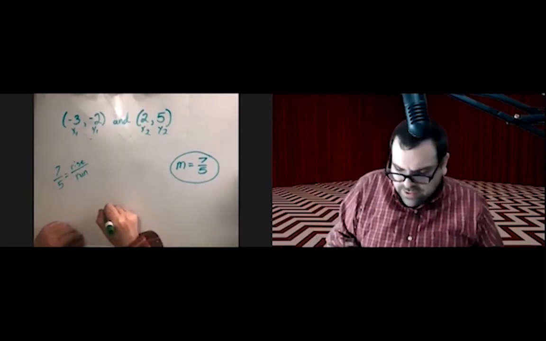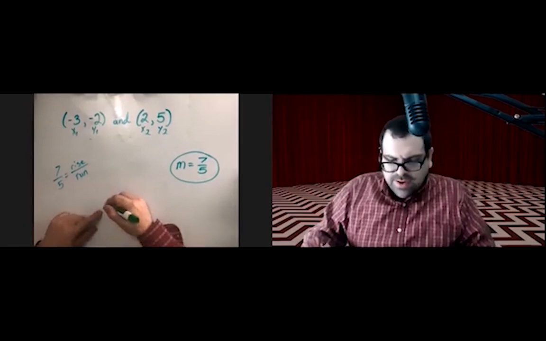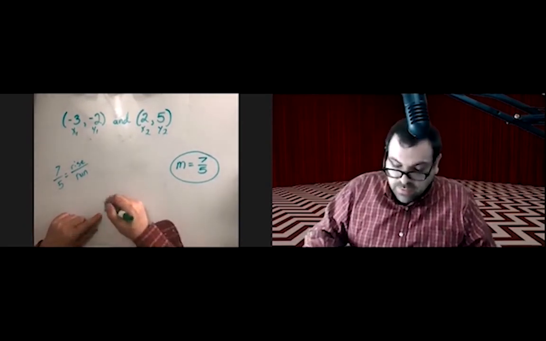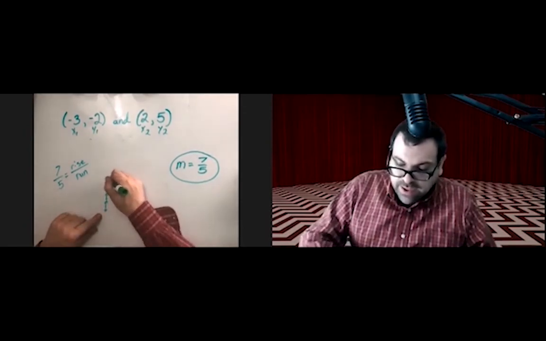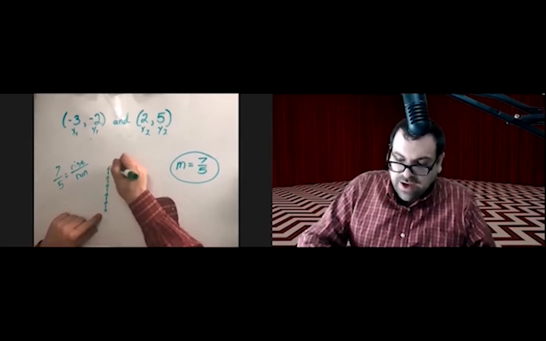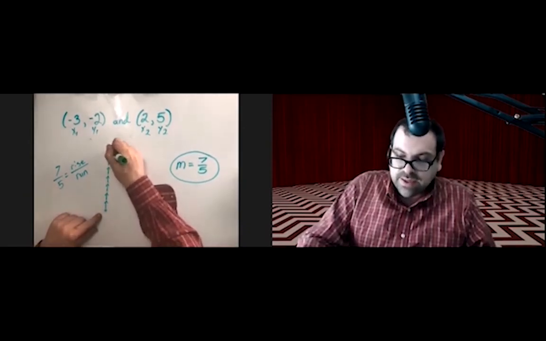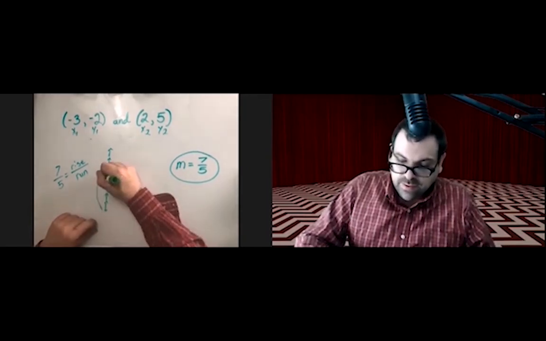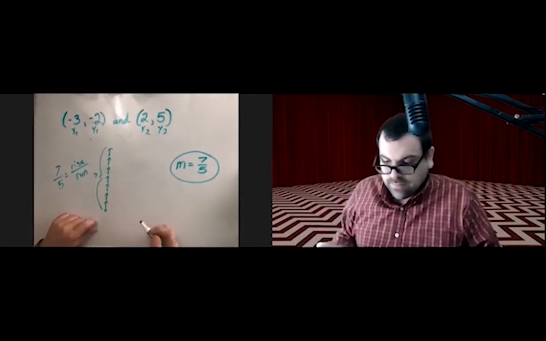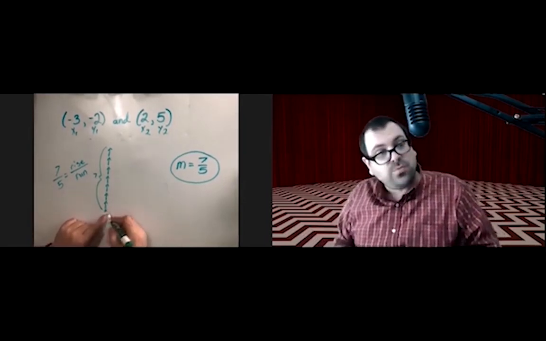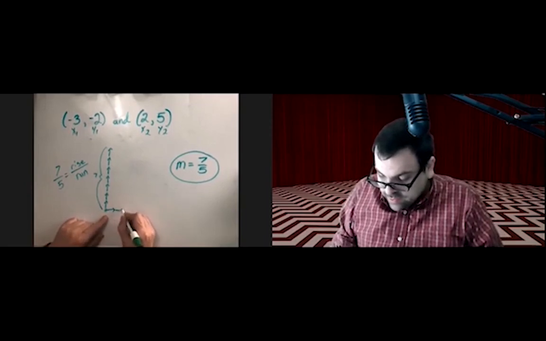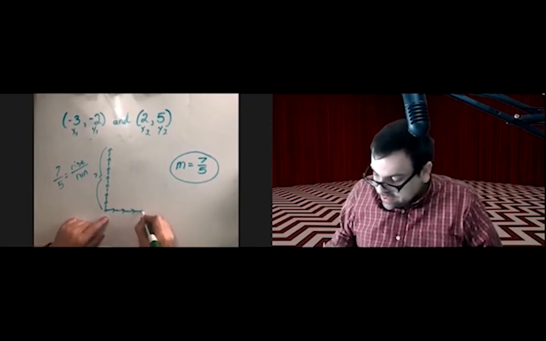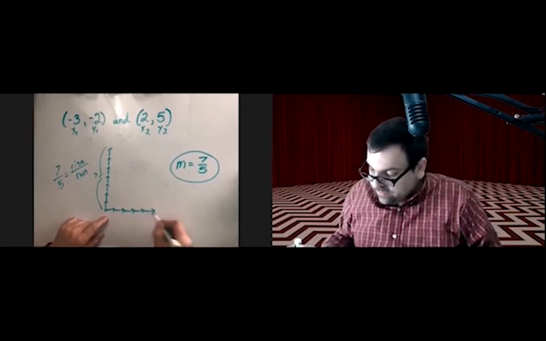If we have a point, then to get another point, we would have to rise 1, 2, 3, 4, 5, 6, 7. And we would have to run 5. 1, 2, 3, 4, 5.